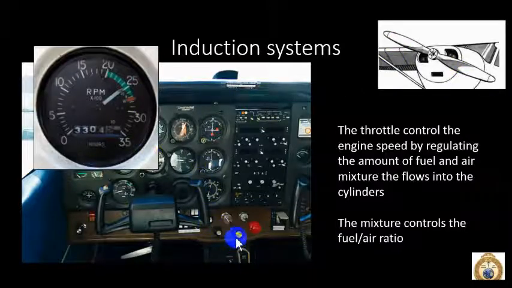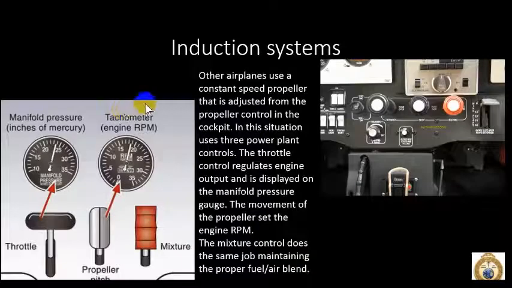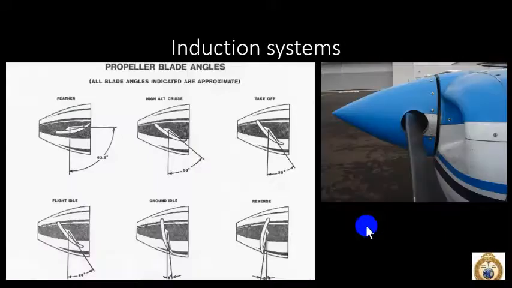And so the throttle regulates an RPM gauge, what we call a tachometer. In this setup, this is a constant speed propeller where we have a throttle, a propeller control, and a mixture. So it's just 2 different types of systems.